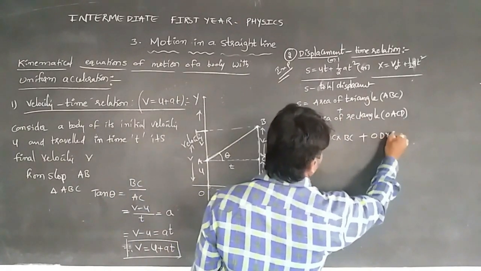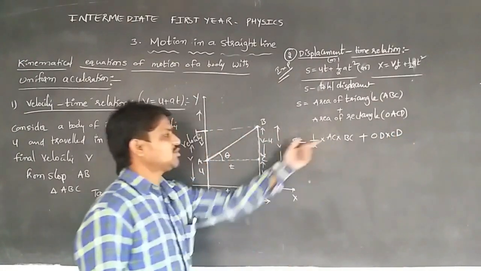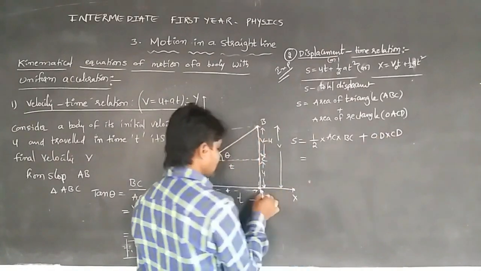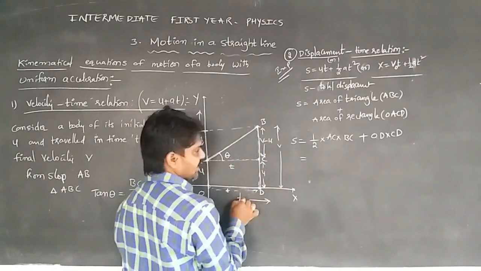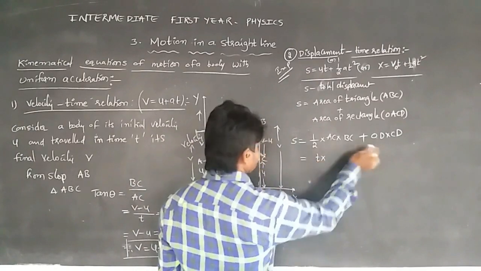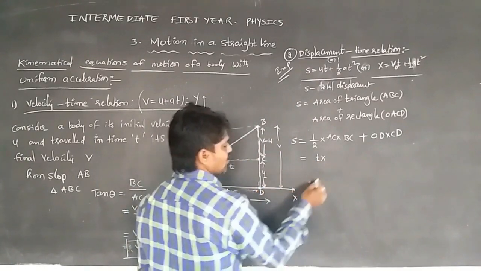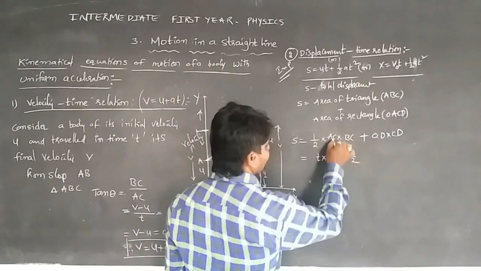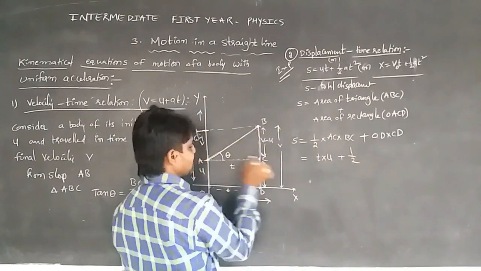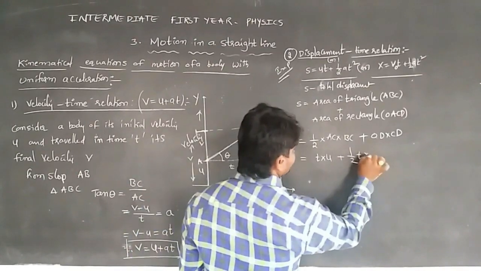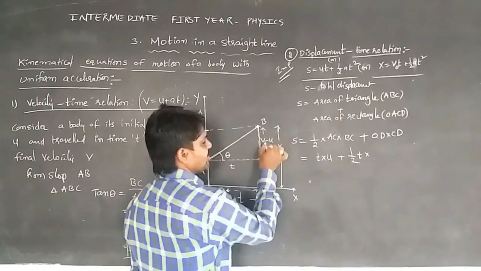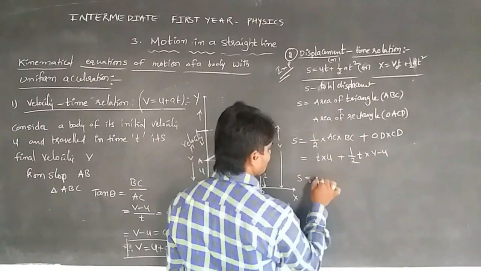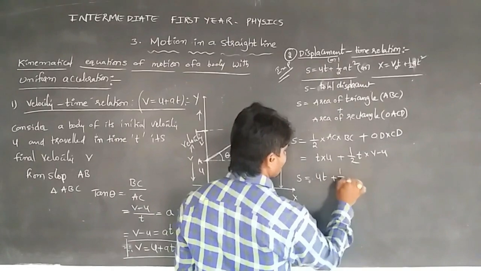Substituting the values: OD is the time T, into CD, which is U, so UT, plus half into AC, which is T, into BC, which is V minus U. So S is equal to UT plus half T into V minus U.